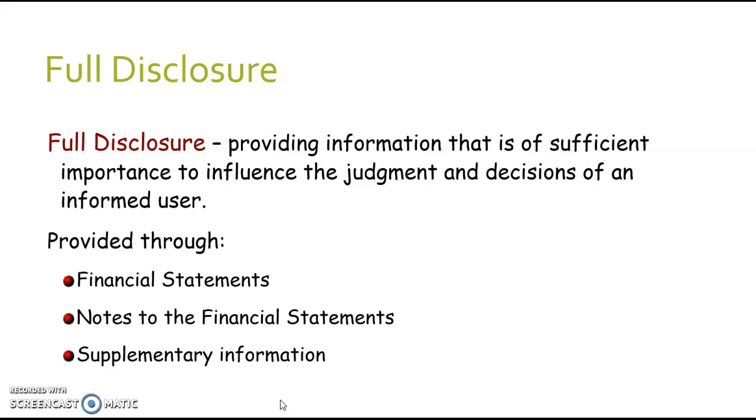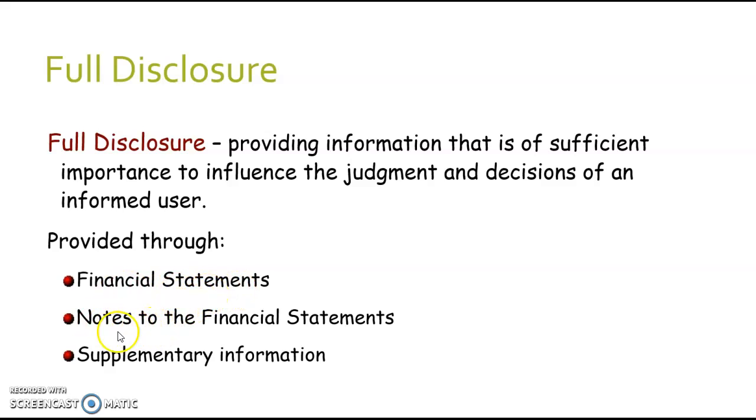The full disclosure principle, and this is kind of buried in one of those other characteristics that we already talked about, the completeness characteristic, included full disclosure. And that means providing the information that's of sufficient importance to influence the judgment, and we want all of it there. And we are going to provide that. We're going to disclose all that information. Some of it will be on the financial statements.